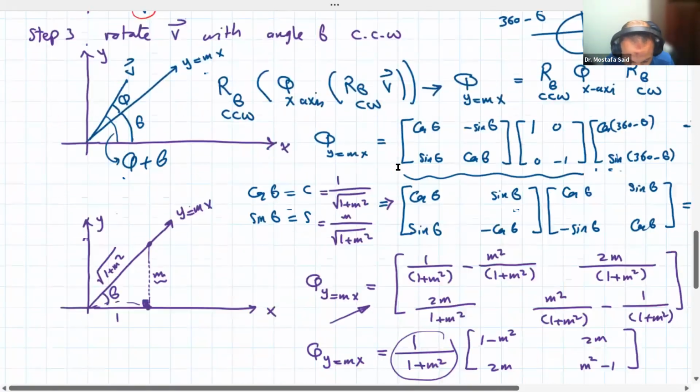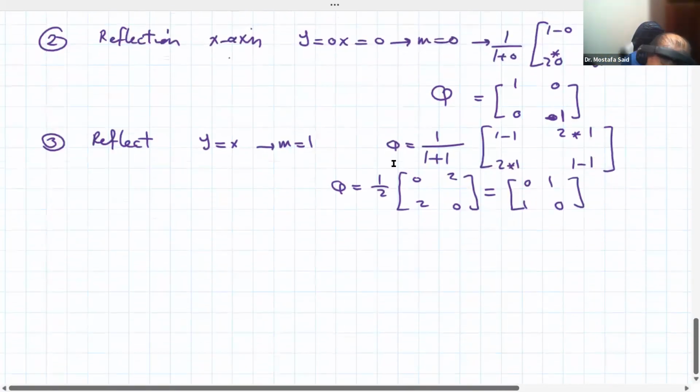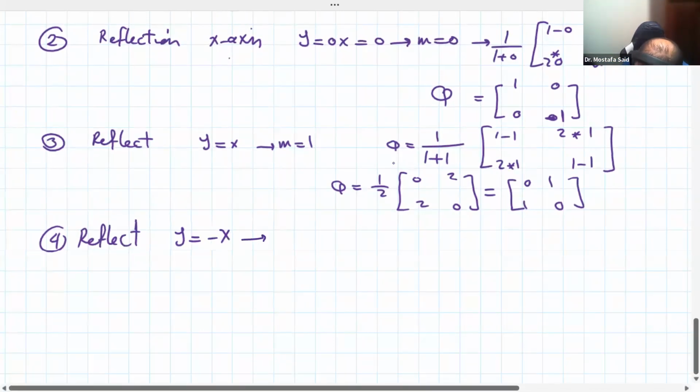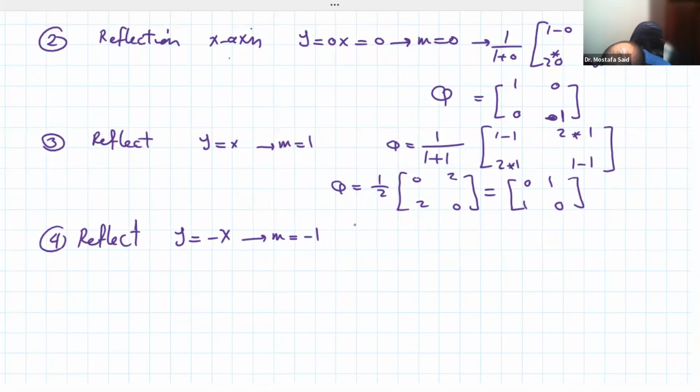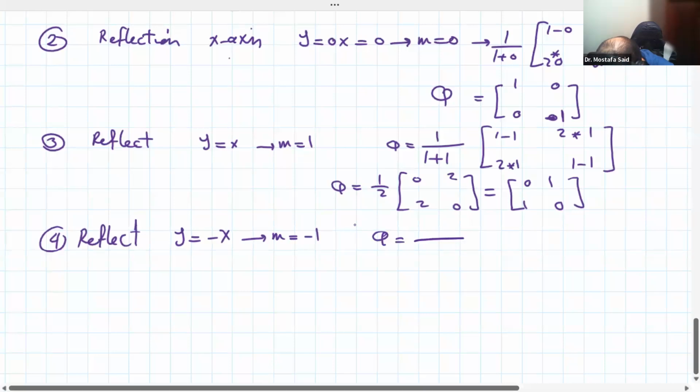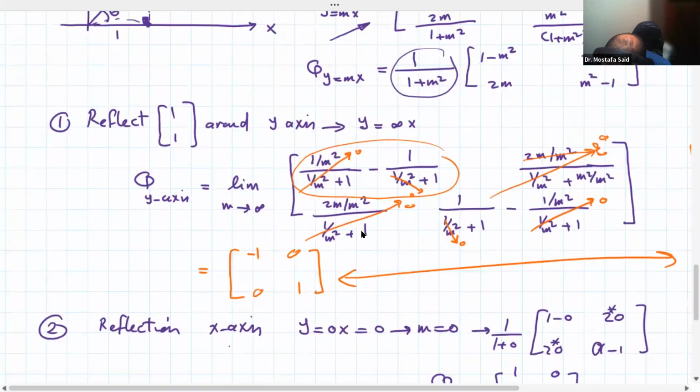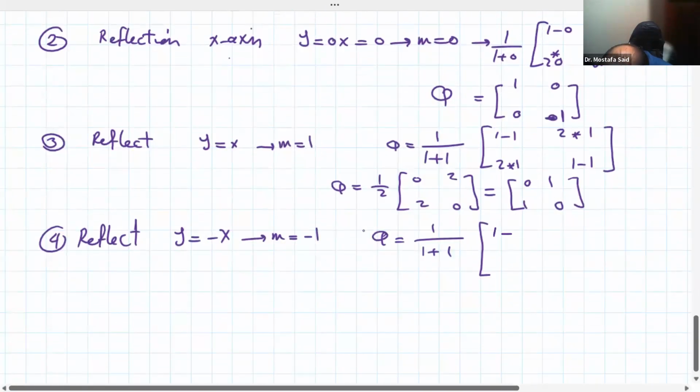Finally, number 4. Reflect y equal to minus x means m equal to minus 1. I'm going to do the same again. So q is 1 over 1 plus m squared, minus 1 squared is just 1, so half. Then 1 minus m squared is 1 minus 1, which is 0.